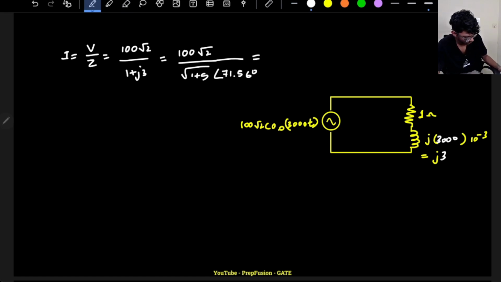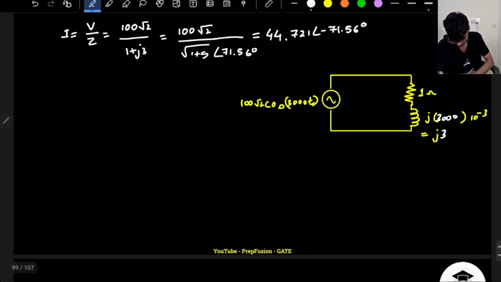So 100 root 2 divided by 10 root 10 comes to 44.721, and the angle is minus 71.56 degrees.